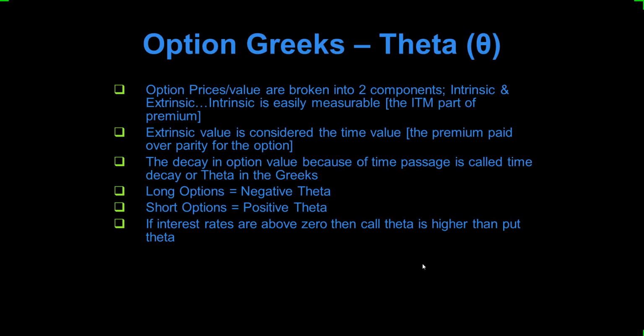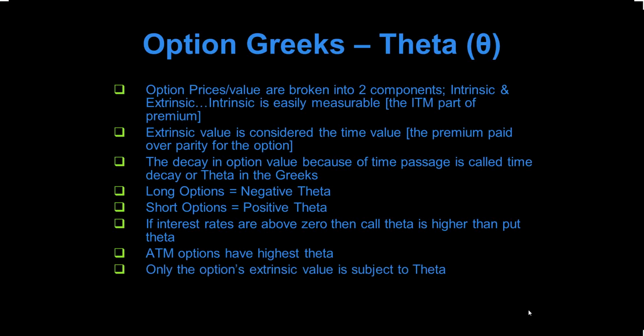Now, volatility will affect that as well. At the money options have the highest theta. Why is that? Well, that's because that is the highest value of an option contract before it starts going in the money. That's at the money right there, and therefore that's the highest value. That's where it can decay the most.